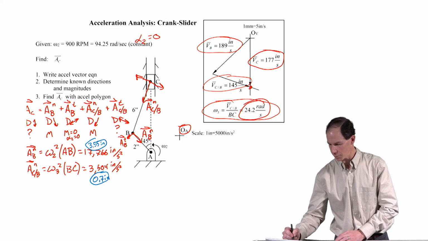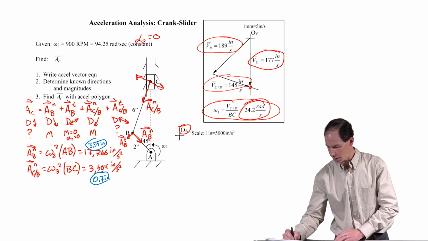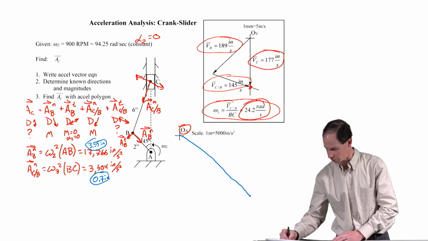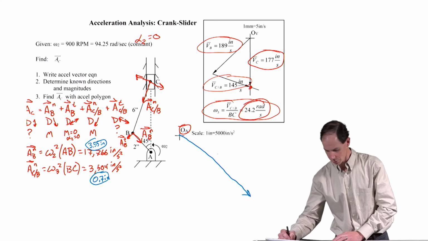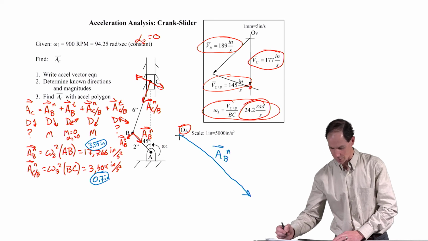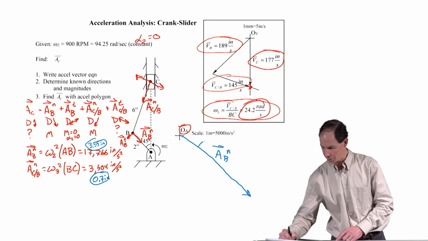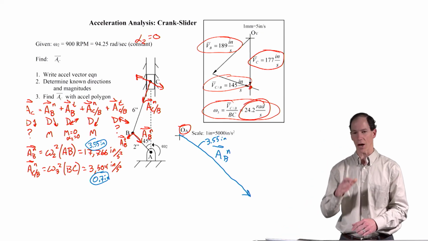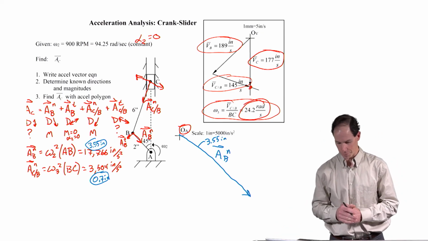So then this would be heading back towards A, and this magnitude here is going to be 3.55, something along those lines. So this will be the acceleration of B normal, and that's what I'm going to draw first. So this is supposed to be 3.55 inches, and again, back down towards A from B.